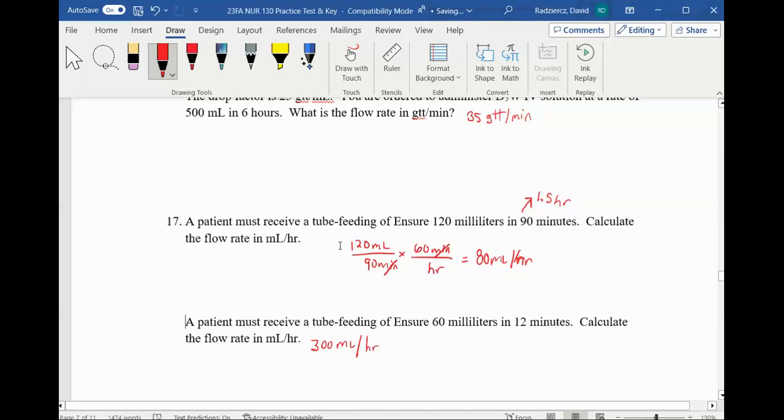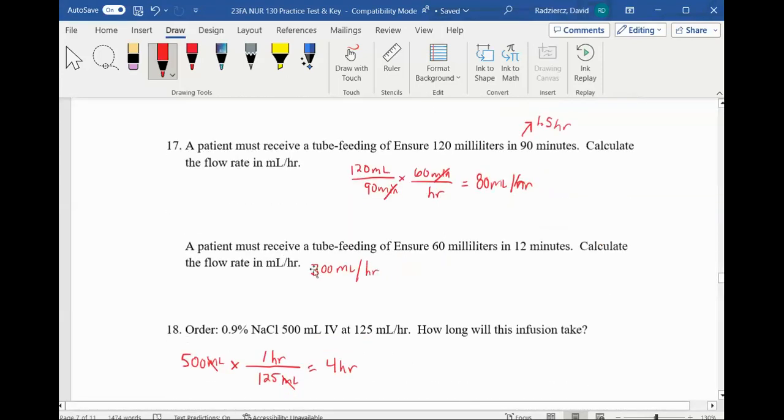Calculate the flow rate in milliliters per hour. Most students, when they see that, automatically say, oh, 90 minutes, 1.5 hours. Perfect. You made that conversion exactly right. However, it may not always be as easy as 90 minutes, or even 30 minutes being 0.5 hours.